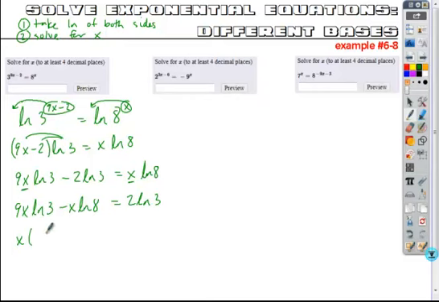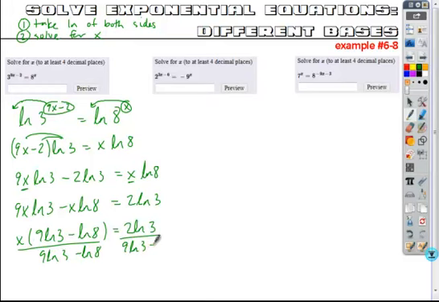So if I take out an x, leaving 9 ln 3 minus ln 8. Again, I just factored an x out of both those terms, and now I can isolate it completely by dividing both sides. And so this right here is my exact answer.